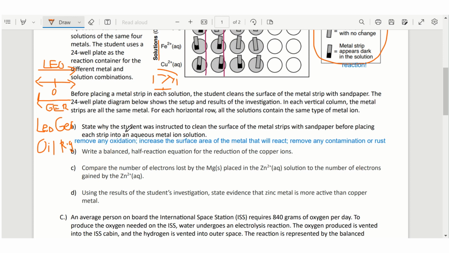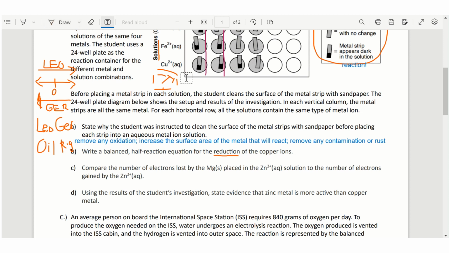All right. So now it says I'm reducing the copper ion. So that means they're gaining electrons, right? Reduction is gain, gaining electrons, reduction. When you gain electrons, you see how I put this arrow this way? That means the electrons are on that side of the equation. All right.